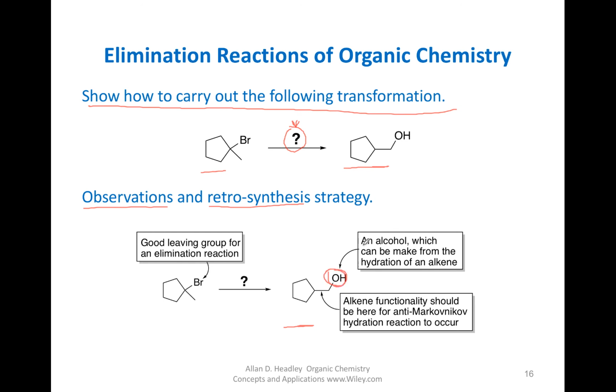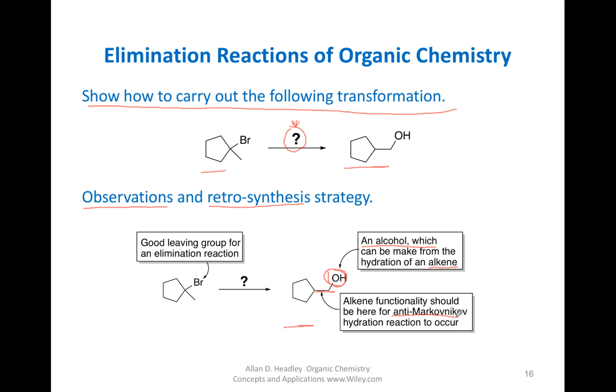And we know from past experience that alcohols are made from the hydration, the addition reaction of water across double bonds. So if we had here a double bond, we can add water in an anti-Markovnikov sense.